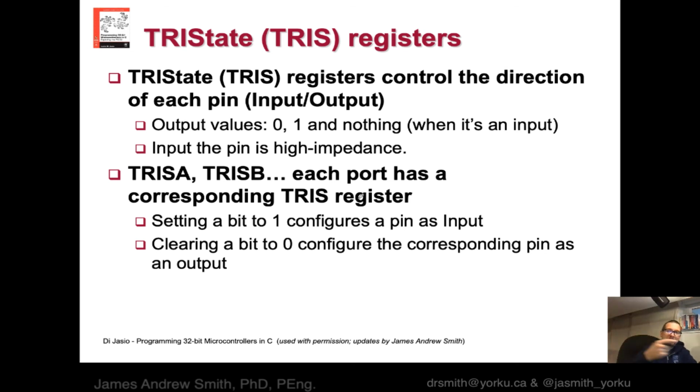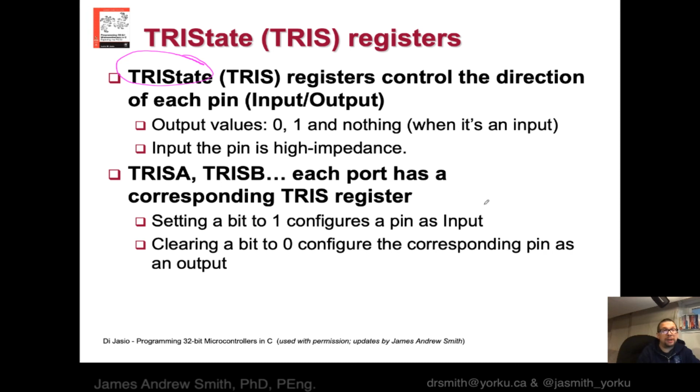Does it read voltages from the outside world, or does it write or create voltages that go to the outside world? So we have TRIState registers, and those are the ways that you configure your individual pins. On the ATmegas, this would be the DDR register, the DDRB, the data direction register port B. Same sort of thing for the PIC32, except we call them TRIState registers. All right.